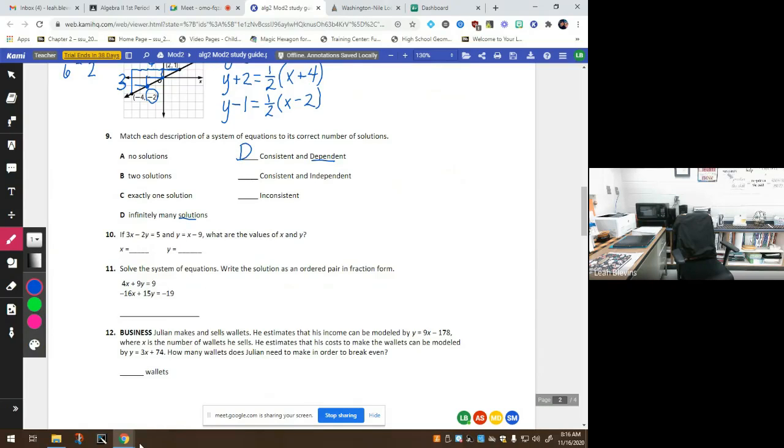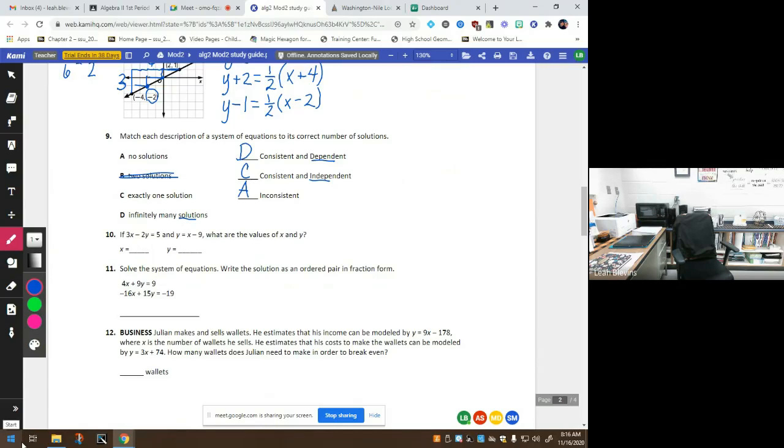Consistent and independent means there is exactly one solution. Think about independent people. They do things on their own, by themselves. Only one person doing it. Independent, one. Inconsistent means no solution. So, cross out B. We did not use it.